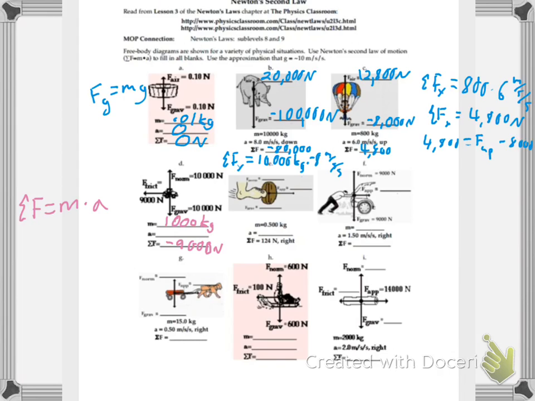Here we know a mass and we know a sum of our forces. So to find the acceleration is then force over mass. Our force is negative 9,000 newtons and our mass is 1,000 kilograms. So we have an acceleration of negative 9 meters per second per second.